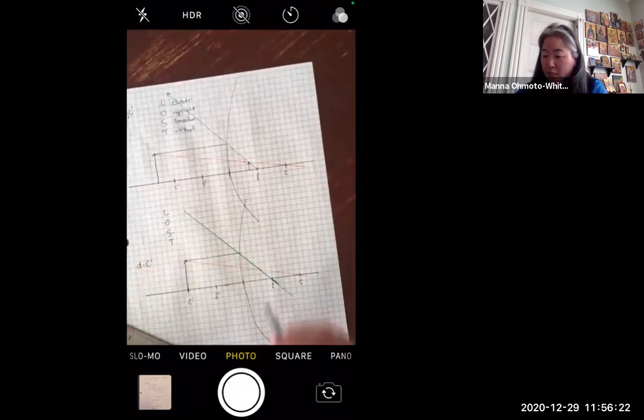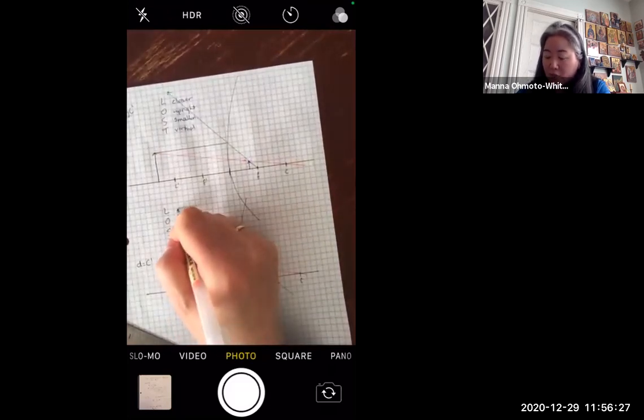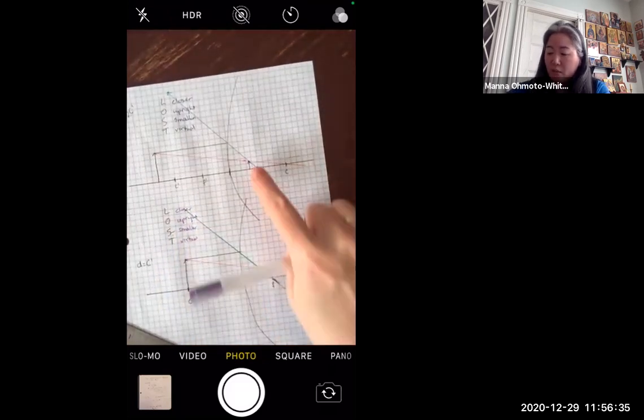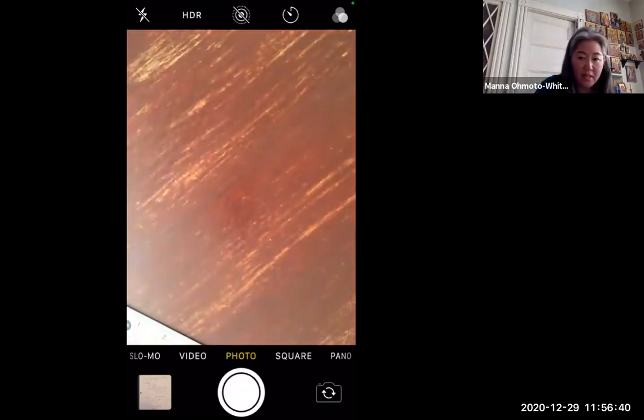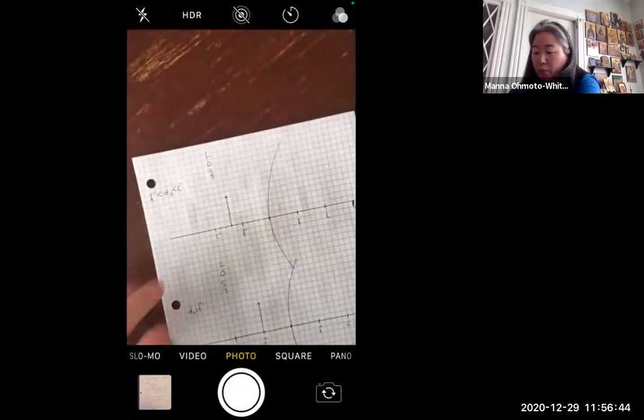And my object is getting slightly bigger. So it's still closer, upright, smaller, and virtual. But you can see that it's getting slightly bigger. If I then take, now I'm between the center and the focal point.